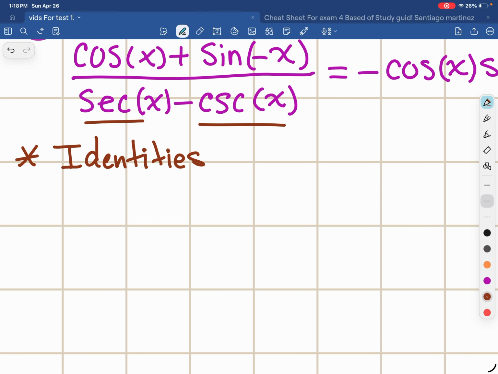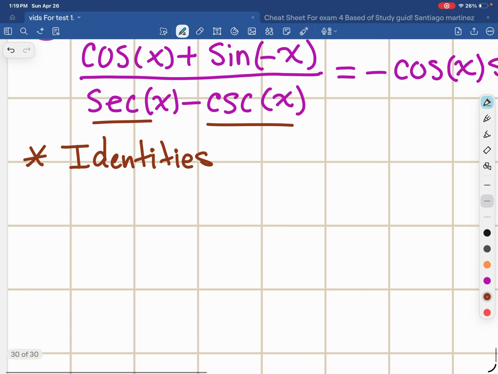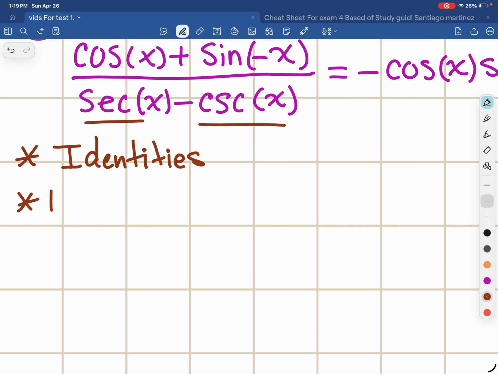The second thing that I see right off the bat is this cosine of x plus sine of negative x. We know that we can probably write this using one of our terms, and the specific one that I'm talking about is even and odd identities. The specific one I'll write out is the even odd identity for sine.